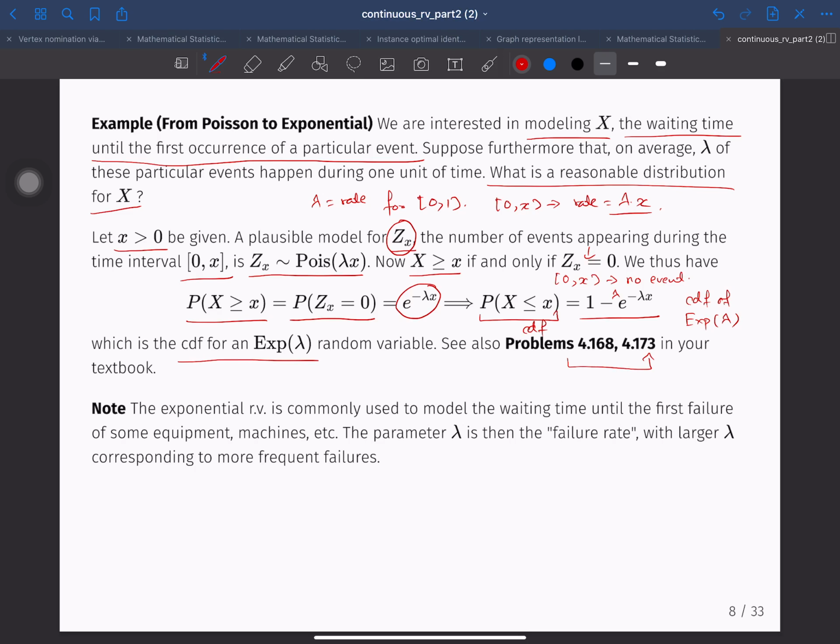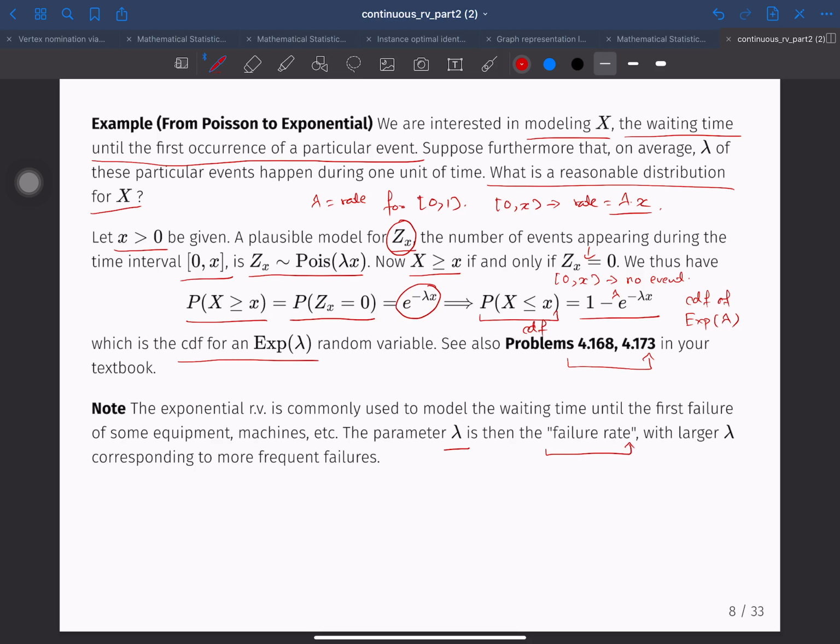So like we said, the exponential random variable is commonly used to model the waiting time until something, say the first failure of some equipment or some machine. And in that case, the parameter lambda refers to the failure rate. So the larger the lambda, the more frequent the failures, in which case, due to the scale parameter, the beta will become smaller.